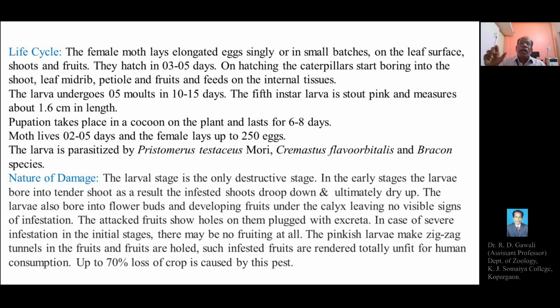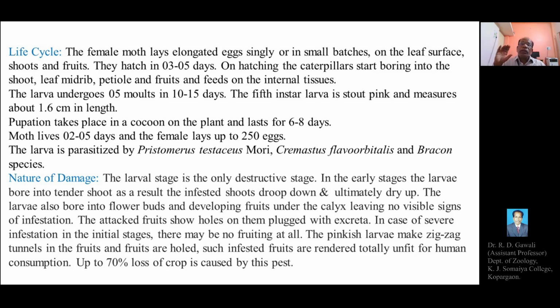So as the larva feeds and grows, it is getting transformed from one stage to the next stage, or one instar to the next instar. So there are such 5 moltings taking place during the larval development, and this requires the period of about 10 to 15 days.